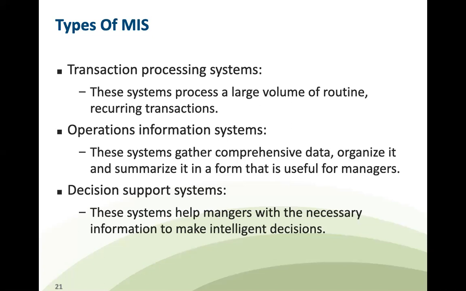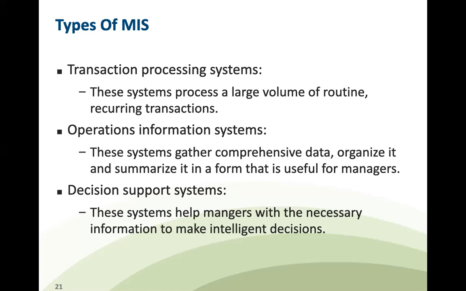And then operations information systems. These systems gather comprehensive data, organize it and summarize it in a form that is useful for management. Basically, operations information systems are used by the management. They gather a lot of data, organize and summarize them in a format that is useful for the managers.